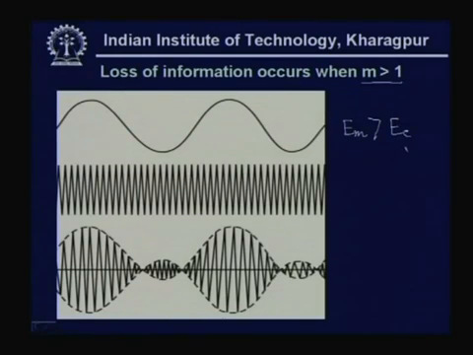So, when Em is greater than Ec, the value of m is greater than 1, and in such a case we get a waveform like this, and it can be shown that whenever m is greater than 1, it is not possible to recover the signal at the other end. That means, recovery of the signal will not be possible whenever the modulation index is greater than 1.